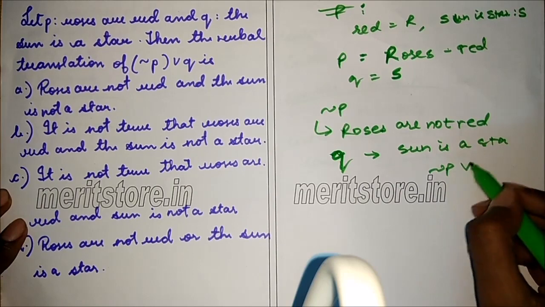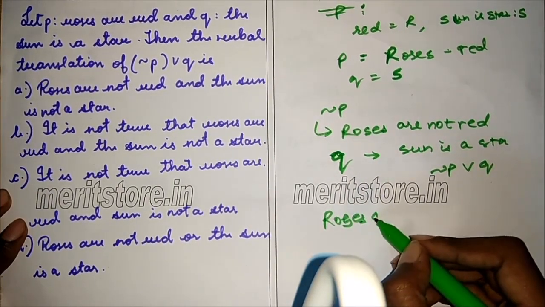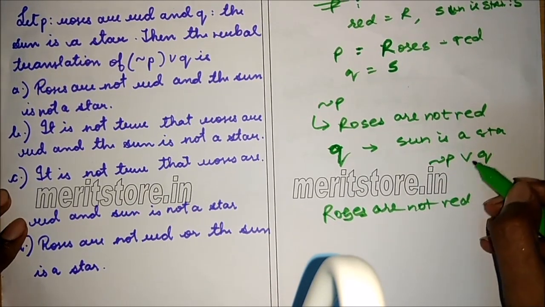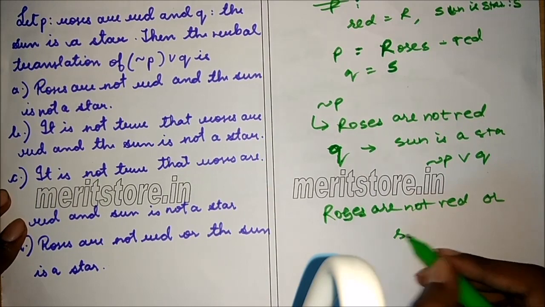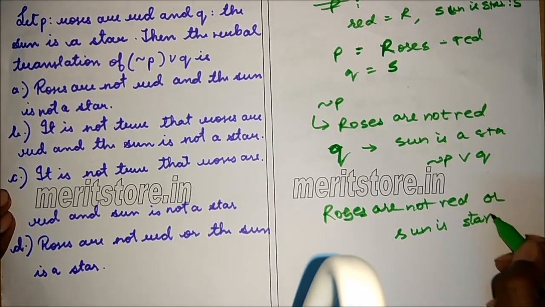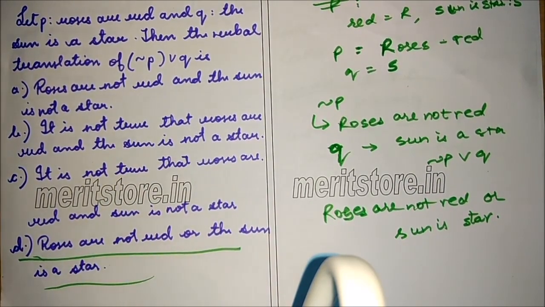So negation of P or Q will be roses are not red, and this is the symbol of or, sun is a star, which is option D, roses are not red or the sun is a star.